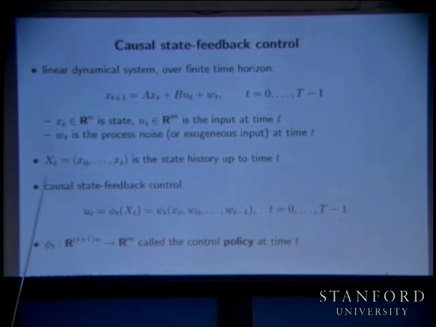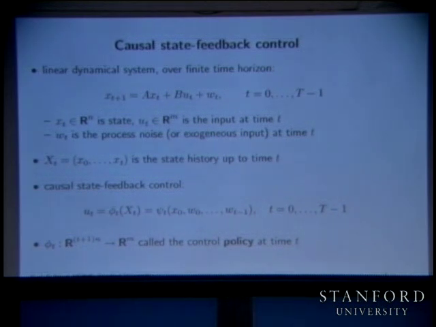We'll use the notation that capital X_t is x_0 up to x_t, the entire state history up to time t. So it's a big vector with all the states, the first part of the state trajectory.